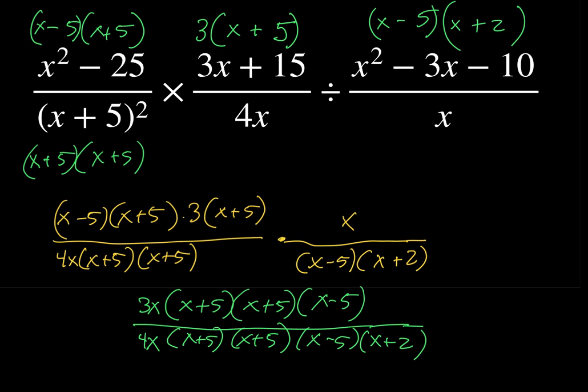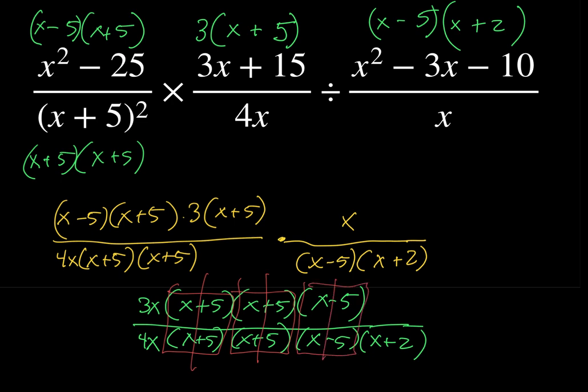Last thing, when I'm multiplying and dividing, all this up here is multiplied. Each parenthesis set is multiplied, so I need to think of each as a whole chunk. And then they're all dividing. So multiplying and dividing, I can reduce. (x + 5) over (x + 5) is 1. (x + 5) over (x + 5) is 1. (x - 5) over (x - 5) is 1.